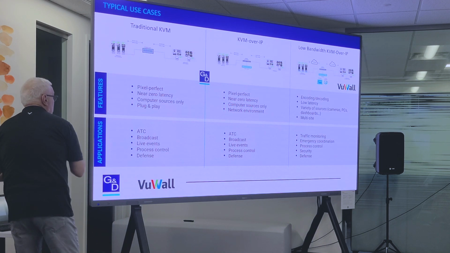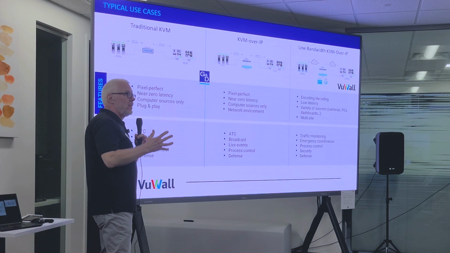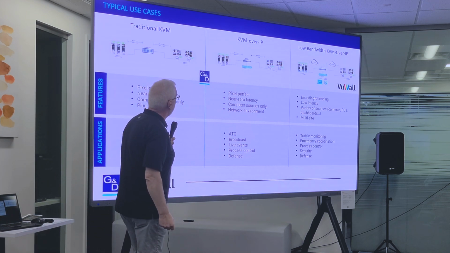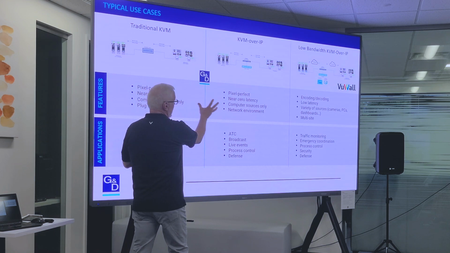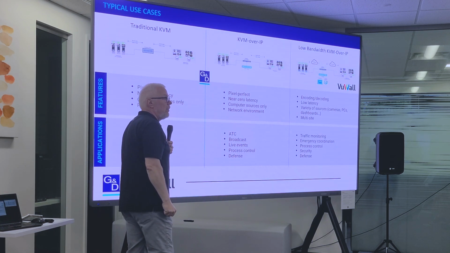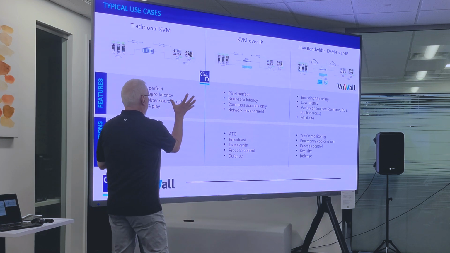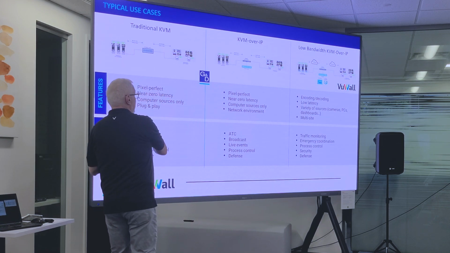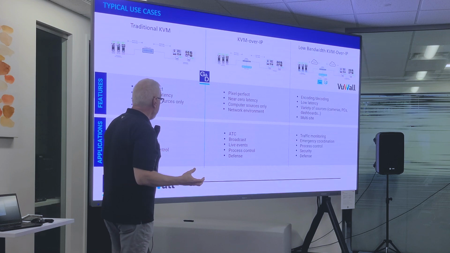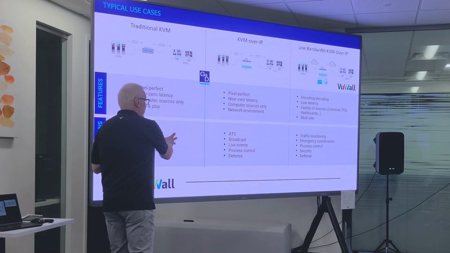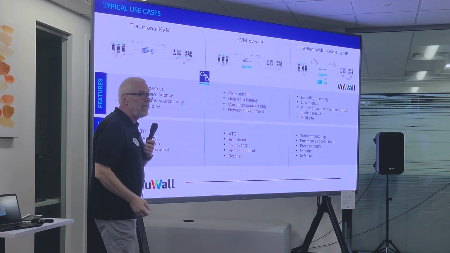VuWall and G&D are partnering together to offer this wide range of KVM solutions. The first two solutions are the specialty of G&D: traditional KVM and KVM-over-IP. The feature set is pretty much the same, and the markets and the applications are the same.